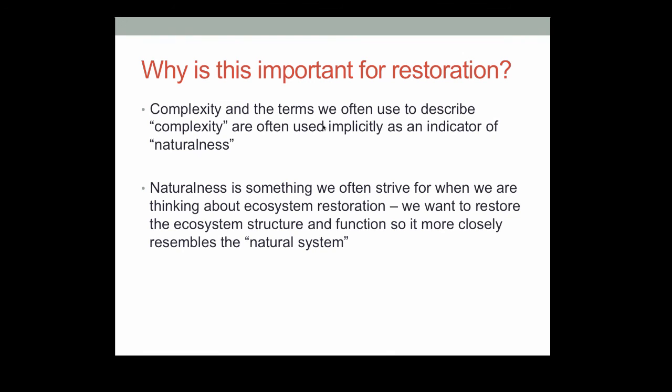And it is that complexity, those interactions of ecosystem components, both internally to the ecosystem as well as externally, that are going to help create that complexity, and that understanding is going to be critical for us to understand that naturalness of the ecosystem, which is going to be something that we strive for as part of that reference condition, or those reference conditions that we're trying to restore to, and using as a yardstick for how well our restoration practice has been in terms of successfully meeting those goals.